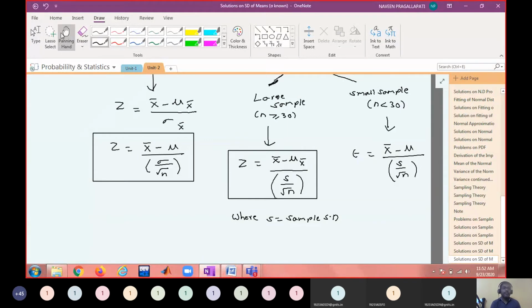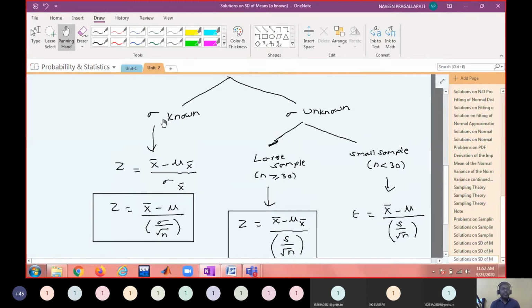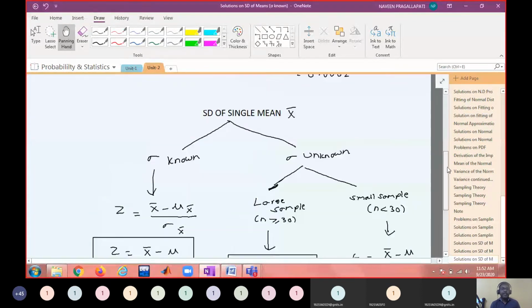These two are random variables which will have normal or approximately normal distributions whenever the sample size is large, or sigma is known and the population is normally distributed.